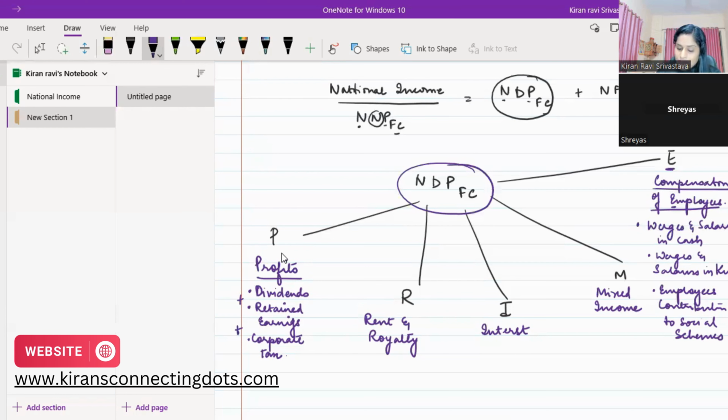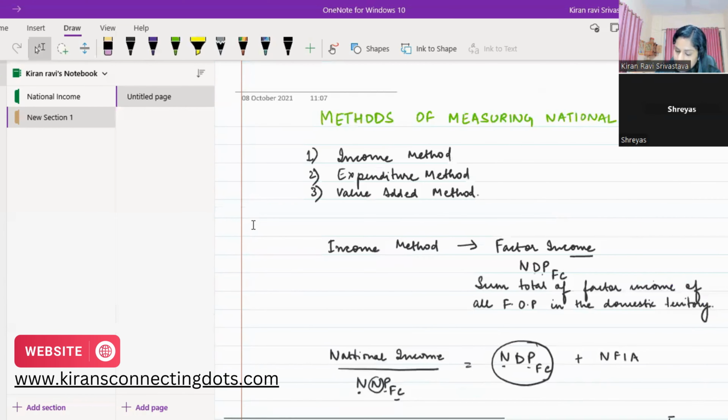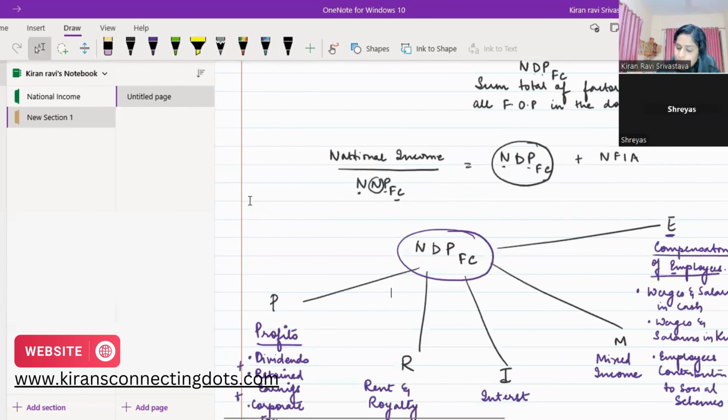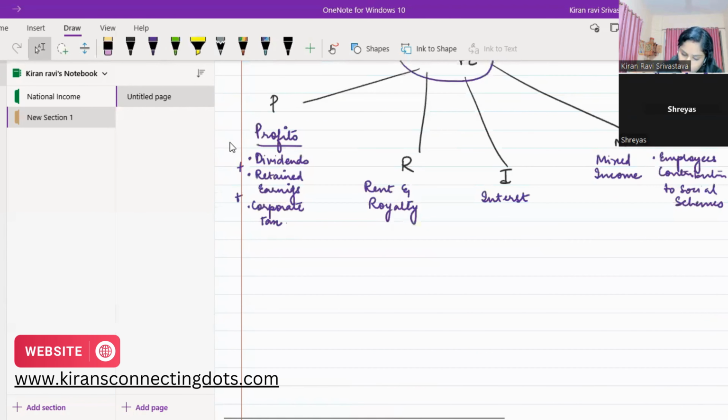NDP at FC क्या है? Once again I will repeat this: it is the sum total of factor income of all the factors of production in the domestic territory. But to find out NNPFC, now what is NNPFC? National income.